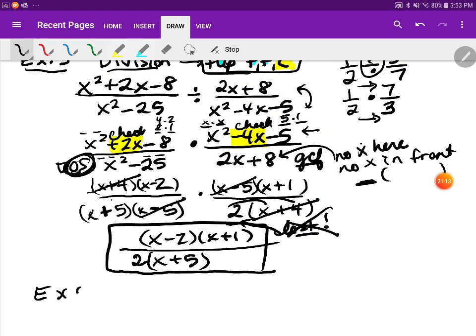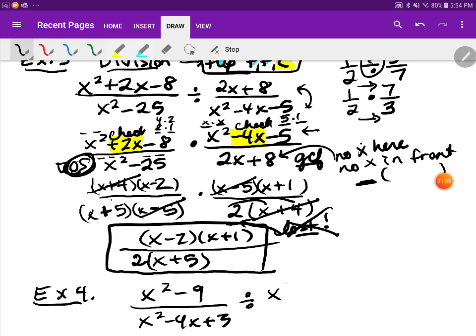I'm going to do a half example. I'm not going to do this one as a full example. Let's say you have x squared minus 9 over x squared minus 4x plus 3, and it says divided by x squared minus 2x minus 3.